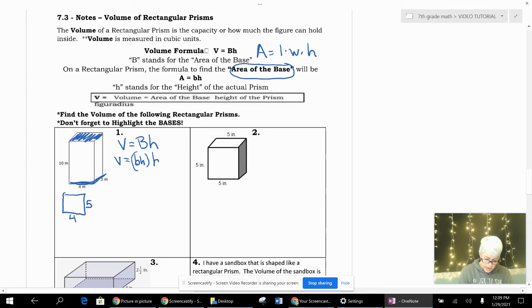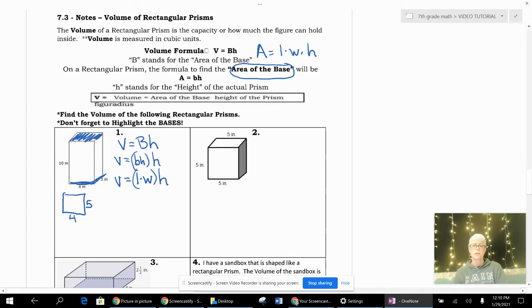And then this H here is the actual height of the entire shape. Now, again, it gets confusing because we have two H's here, and I know it's confusing. That's one of the things I don't like about this new formula. Just for the sake of not having two H's, instead of base times height, let's just say length times width times the height.